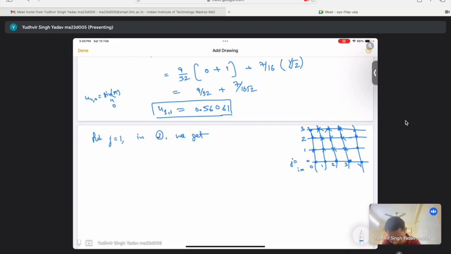Then we will get u(i,2) equals 9/16 (u(i+1,1) + u(i-1,1)) + 7/8 (u(i,1) - u(i,0)). So this is the scheme they have just denoted by double star.